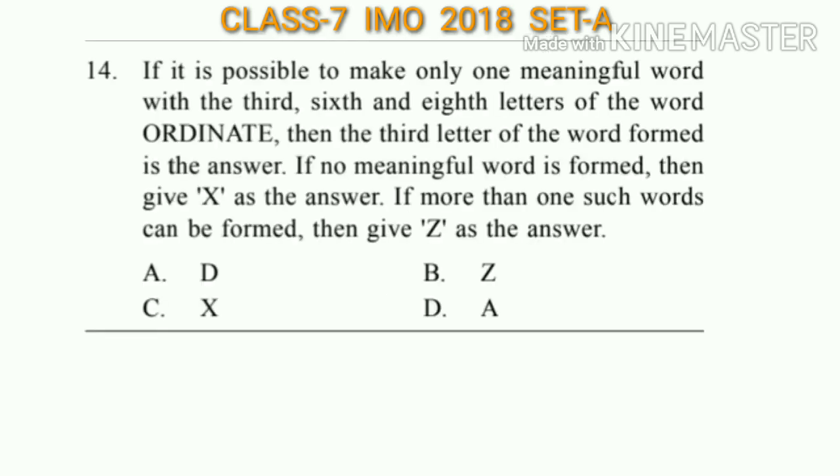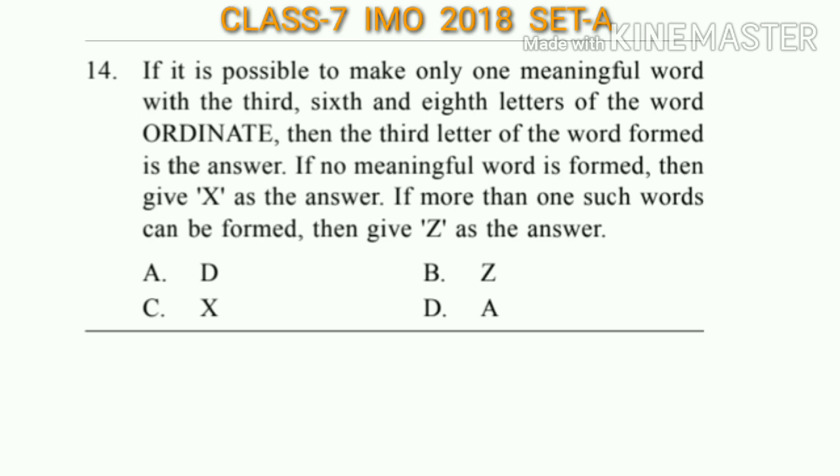Now question 14. If it is possible to make only one meaningful word with the 3rd, 6th and 8th letters of the word ORDINATE, then give the 3rd letter of the word formed as the answer. If no meaningful word is formed, then give X as the answer.